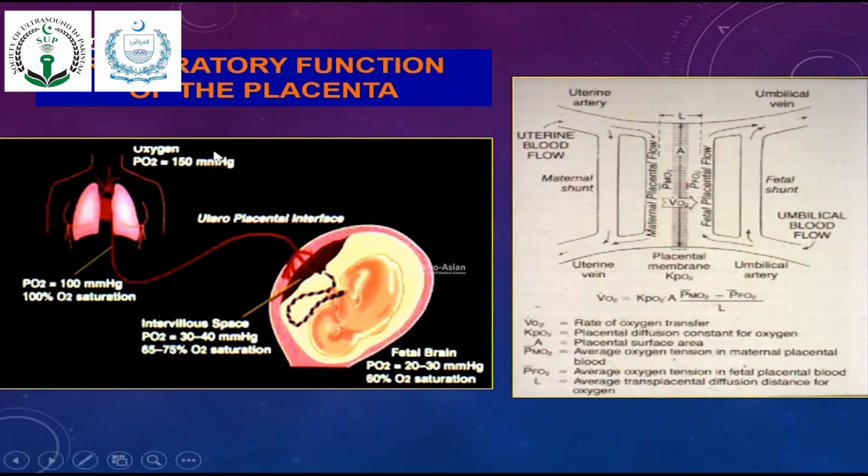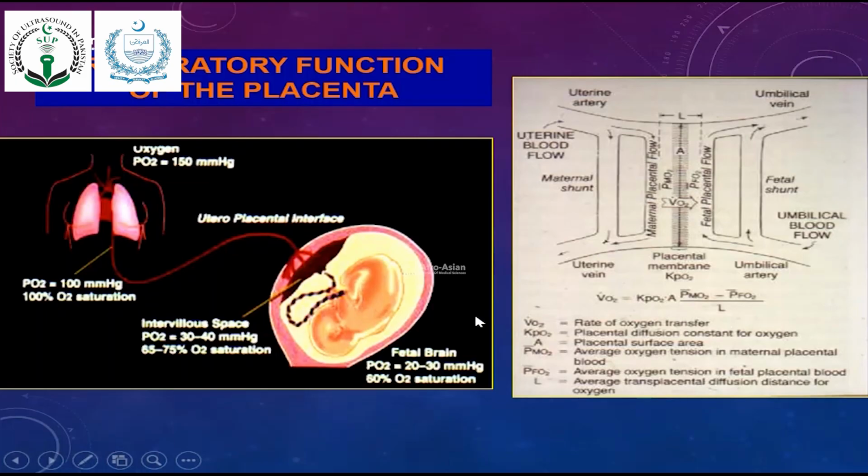There is a respiratory function of the placenta also. So the oxygen pressure will be about 150 mmHg, and here is the intervillous space. Pressure is 30 to 40 mmHg, so about 65 to 75% oxygen saturation.